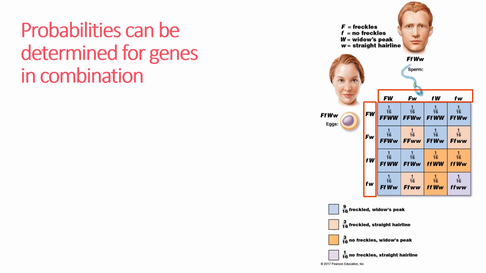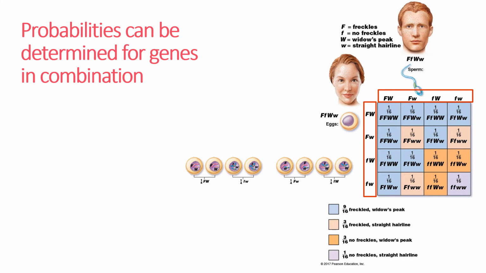In this case, we are mating 2 individuals who are heterozygous for 2 different genes, one for freckles and one for widow's peak. When we look at the possibility of gamete production, we see that dad and mom each can produce 4 different possibilities.